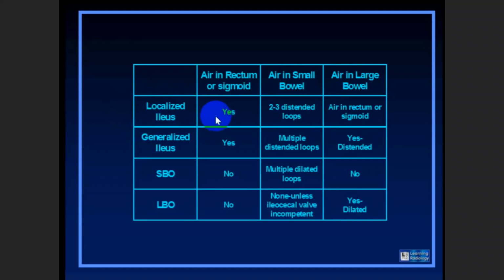We can visualize some normal air in the rectum and sigmoid because they are more distal, but in small bowel we can see 2 to 3 distended loops because it is adjacent to this ileus, and because the large bowel is farther away from the ileus, air in rectum or sigmoid can be visualized.